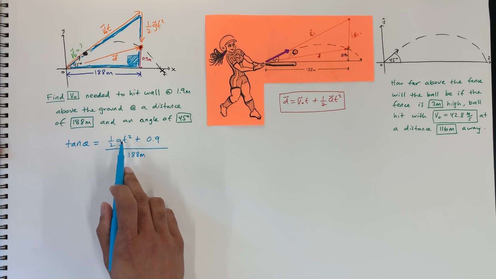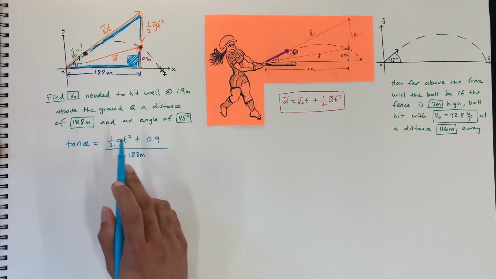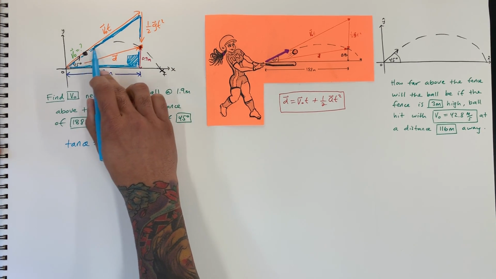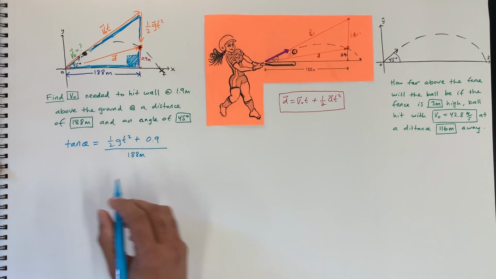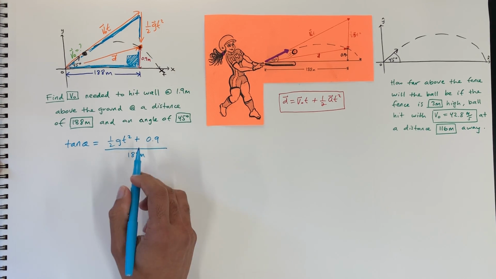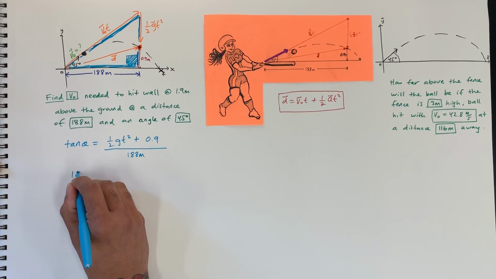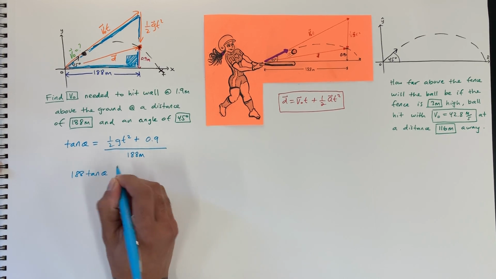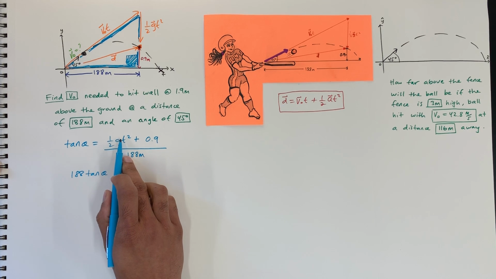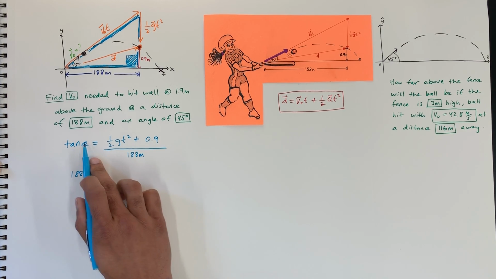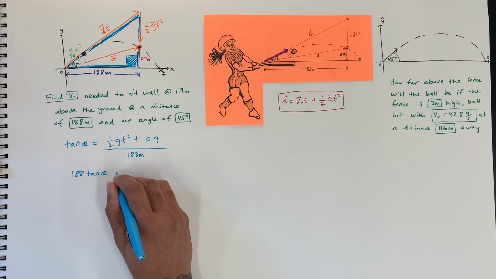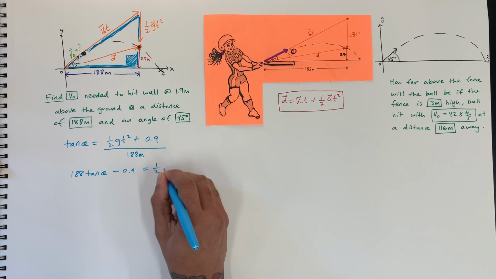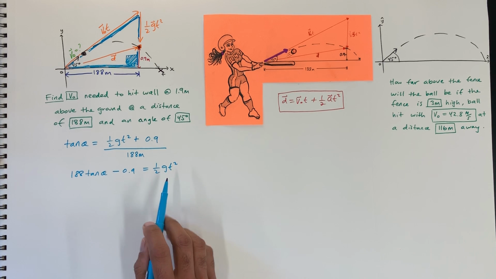Okay, so let's solve for time to see how much time it takes for this ball to get here. If we solve for time, we have 188 tangent theta. We pass this 0.9 to the other side, so minus 0.9, and we leave this 1/2 g t squared here.